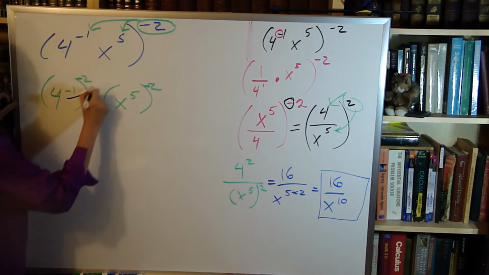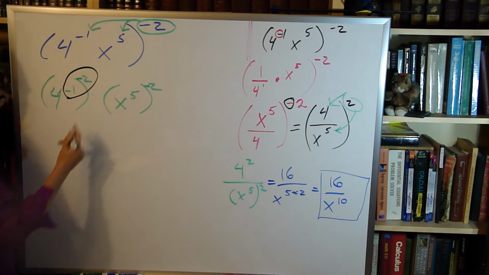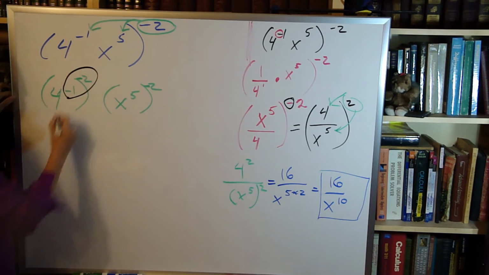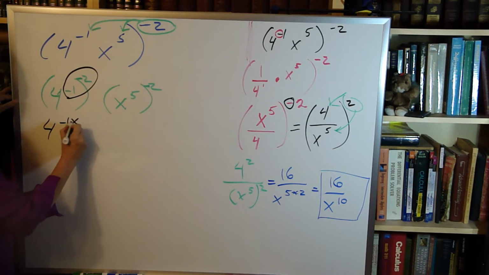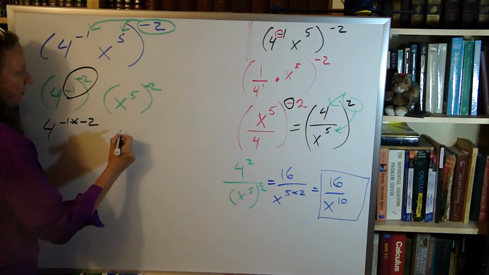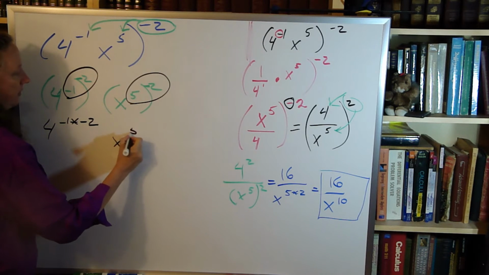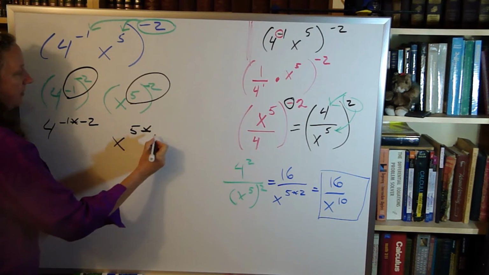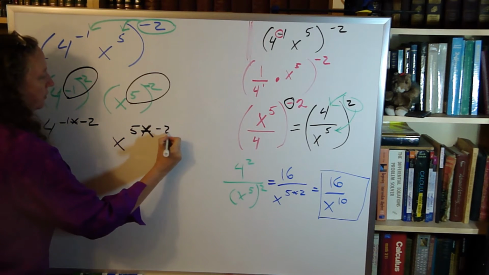Now I need to take care of my exponent, close parentheses, another exponent. These get multiplied. So this is 4 to the -1 times -2. This one, same thing. X to the 5 times -2.